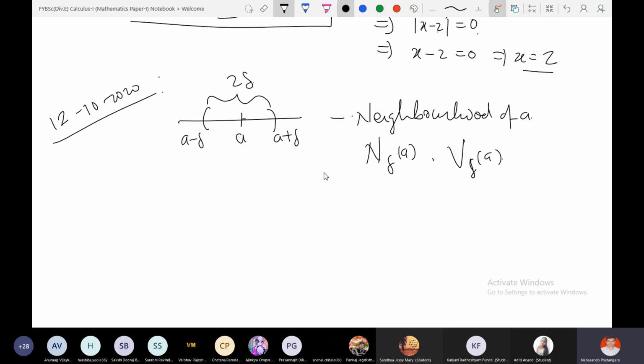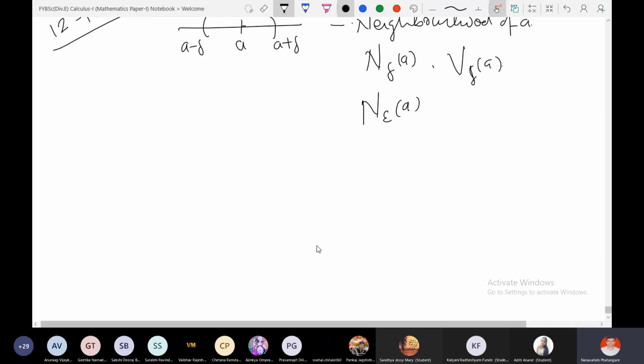You can use any notation, epsilon or sometimes we denote it by N epsilon A. Epsilon means the distance is epsilon. So the idea of neighborhood is clear because last time we discussed it in detail. Now we want to discuss something more about sets of real numbers using the previous knowledge.